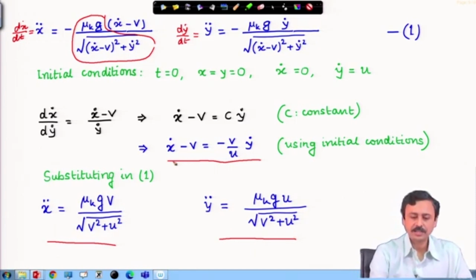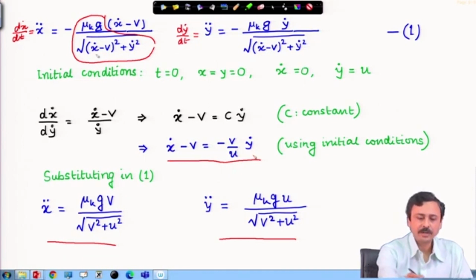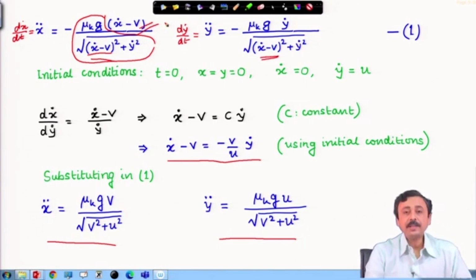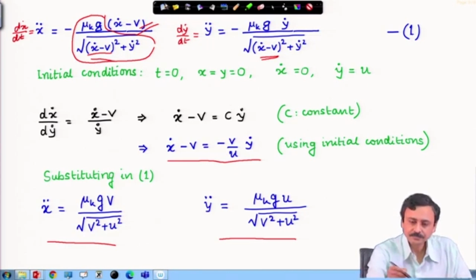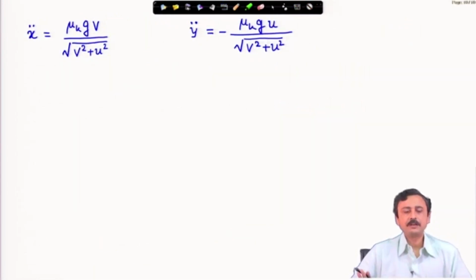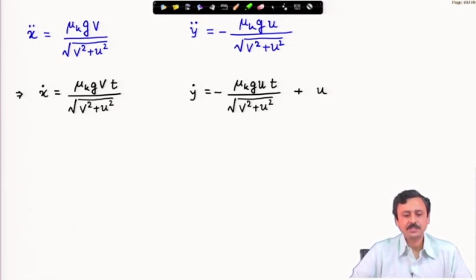You have to just use this x dot minus v is minus capital V by u y dot everywhere, here, here, here, and then you will get x double dot and y double dot surprisingly as constants. So, these are finally my simplified equations of motion, which I need to integrate, which is very straightforward.